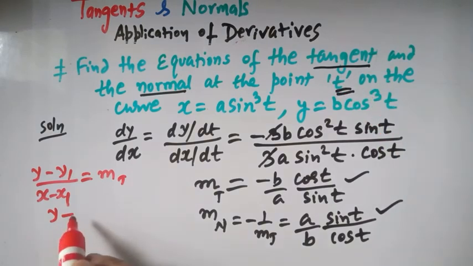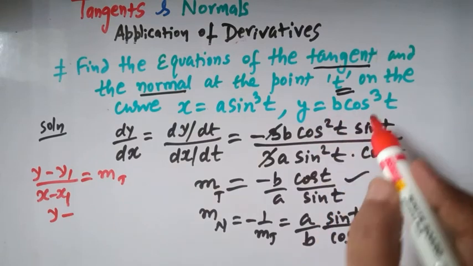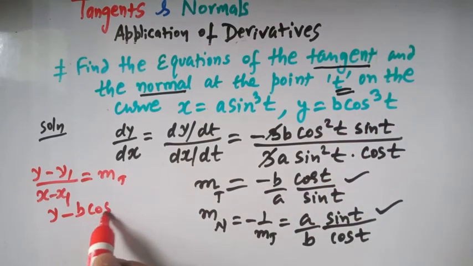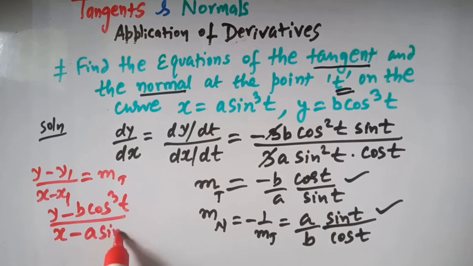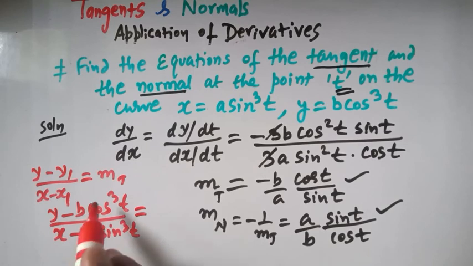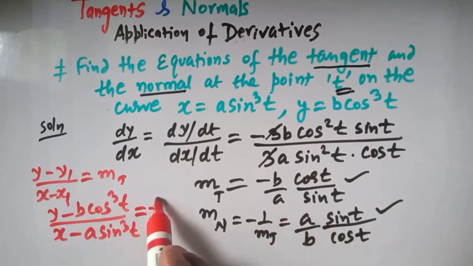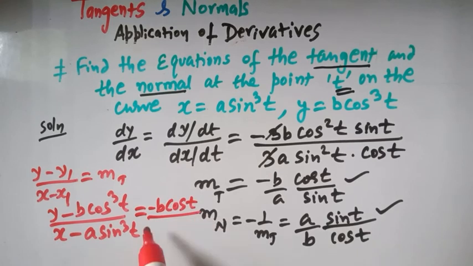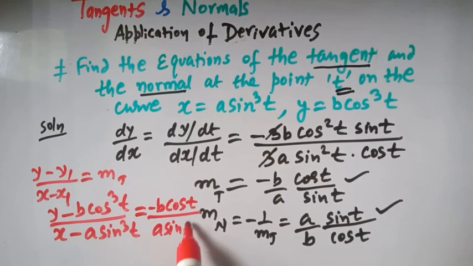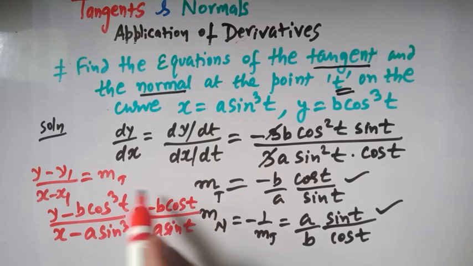So y minus y1, for y1 we'll write b cos cube t, over x minus x1, which is written as a sine cube t. Clear? Equal to the slope of the tangent, minus b cos t over a sin t. Clear?